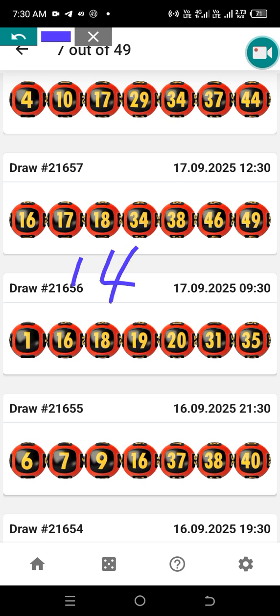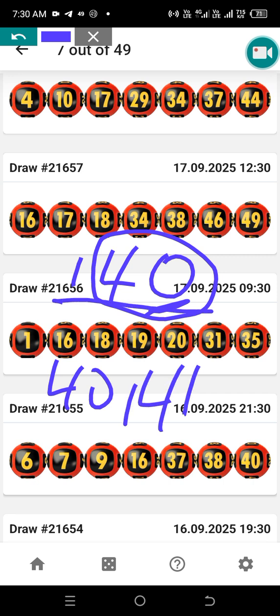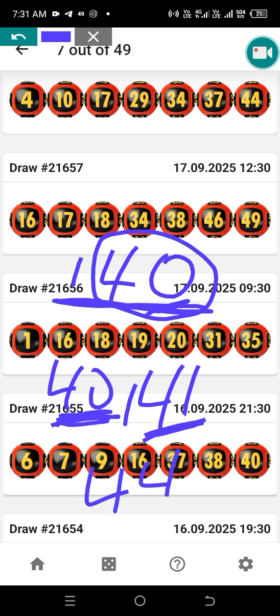14 is hot here. And the other numbers are 41 and 40. In the code here we have 40, 41. And when you have this kind of number, you must ask what this number is called. You don't just play that number without knowing what it's called. 40 and 41, they call 44, and they move with 44.